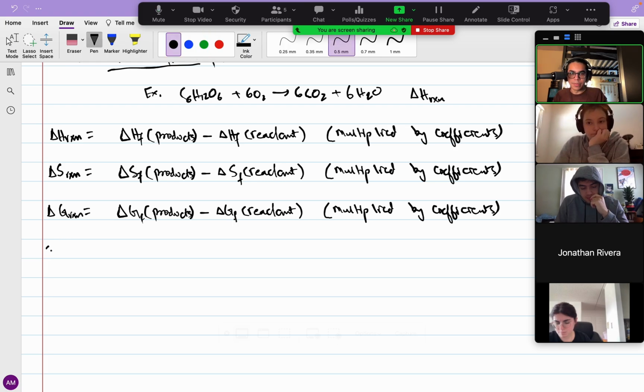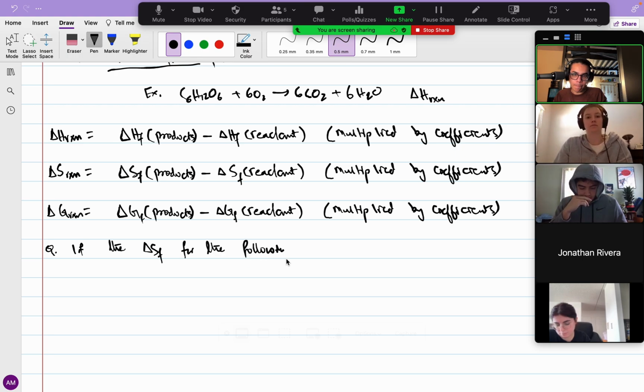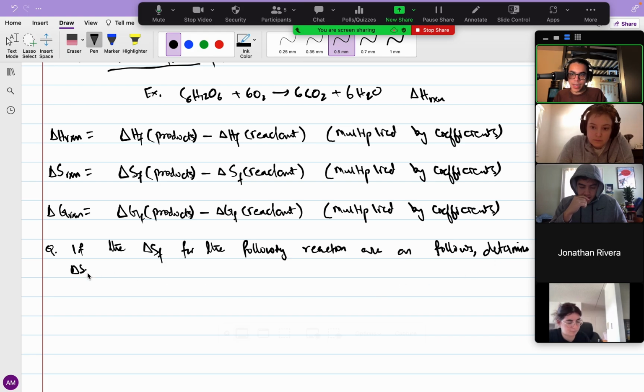All right, here's a question. I'm just gonna write that same equation up there. If the delta SF for the following reaction are as follows, determine delta S reaction.